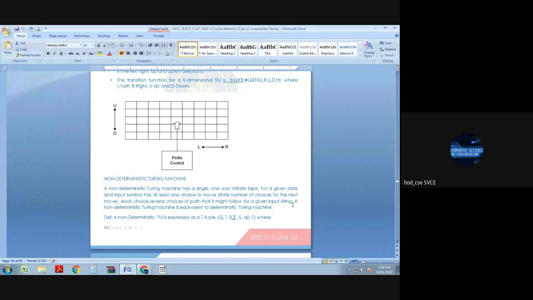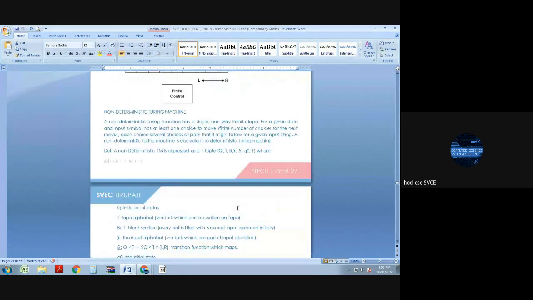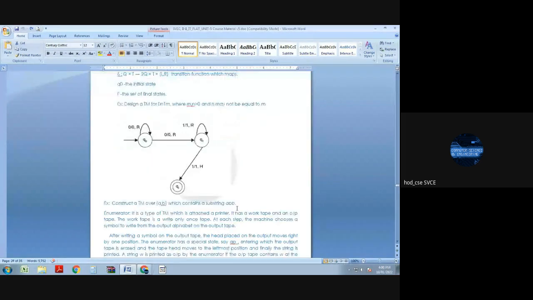There are several choices of path it might follow for the given input string. A non-deterministic Turing machine is equivalent to a deterministic Turing machine. Same concepts.